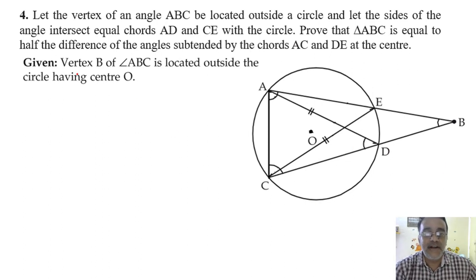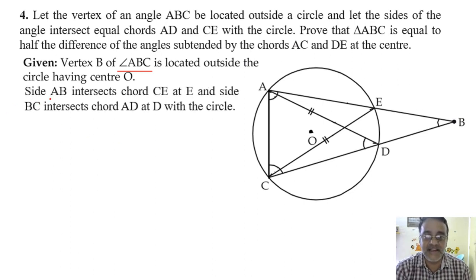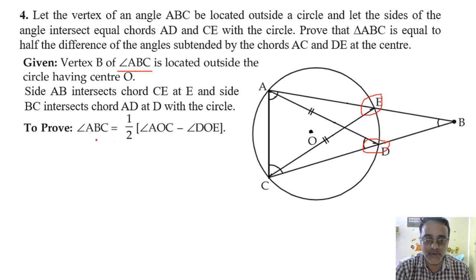Yes, sir. Vertex B of angle ABC is located outside the circle having center O, and side AB intersects chord CE at point E and side BC intersects chord AD at point D with the circle. Okay, and what we have to prove?